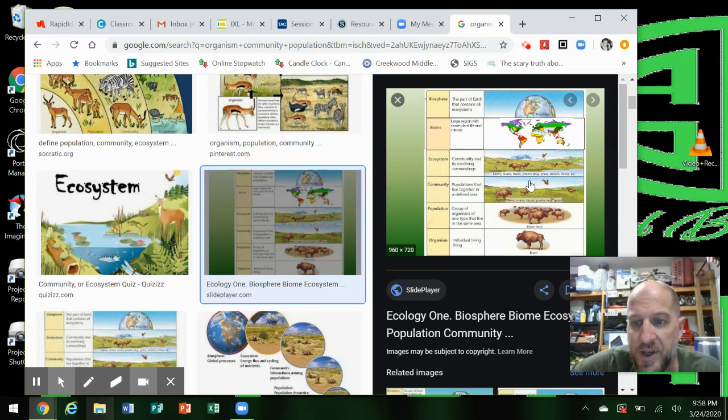All of that is a little community. And then you add in all of the non-living things or abiotic factors, like the water, the mountains, the sky, all of that. That makes up the ecosystem. You have your biotic or living things and your abiotic or non-living things like the air, water, and mountains.